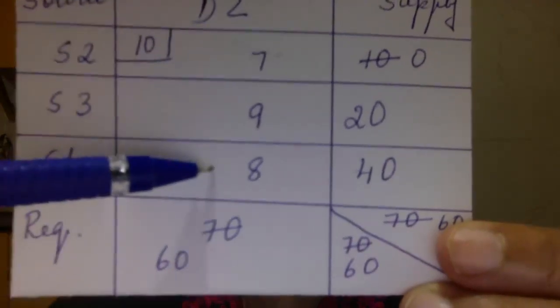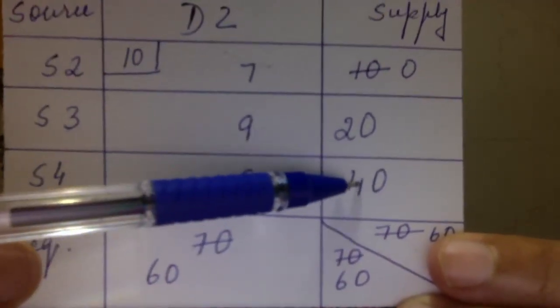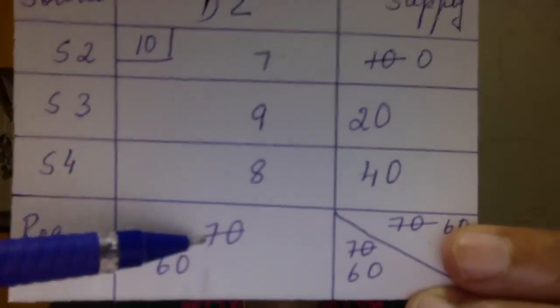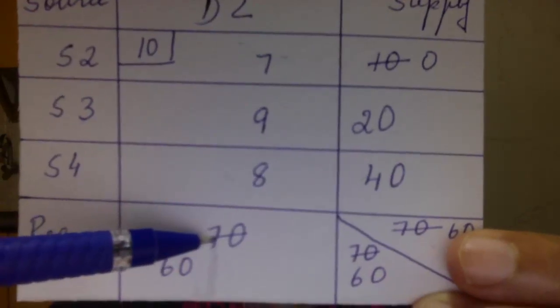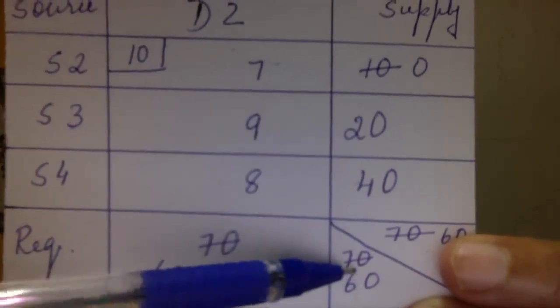Give 40 here, cut off 40, make it 0, cut off 60, make it 20, cut off the grand total, make it 20. Allotted 40 to 8, cut off 40, made it 0, cut off 60, made it 20, cut off the grand total and made it 20. 4 steps I have done.